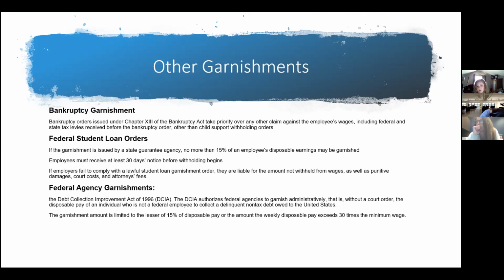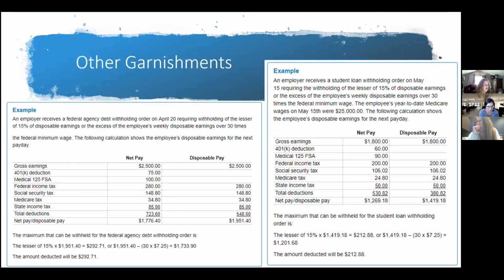You can only take 15% of disposable earnings for those, but like I said, I do think those are on hold right now because of COVID. Again, I'm not going to go through these examples because I want to make sure we get through all of this, but you can go through them.